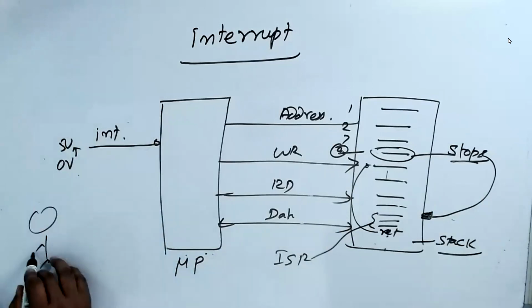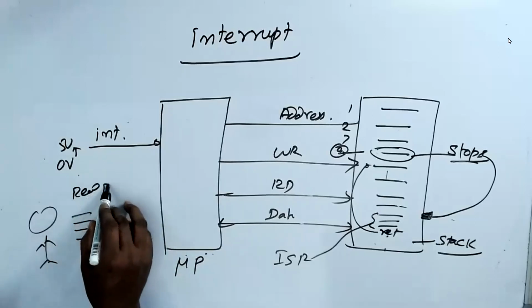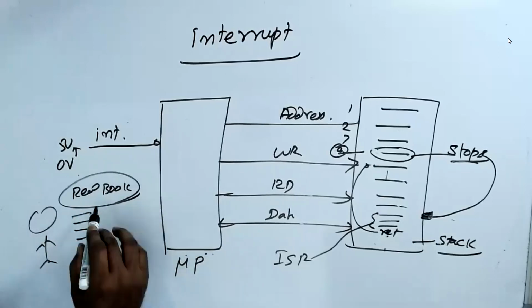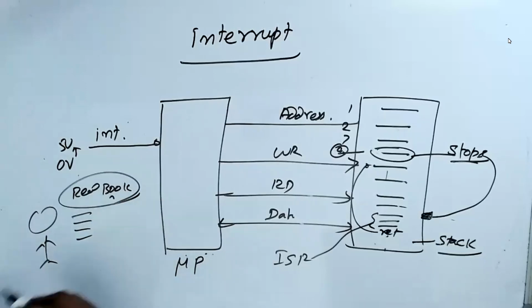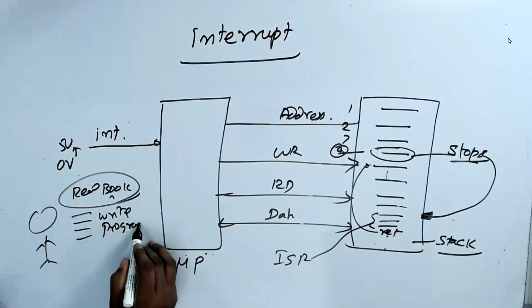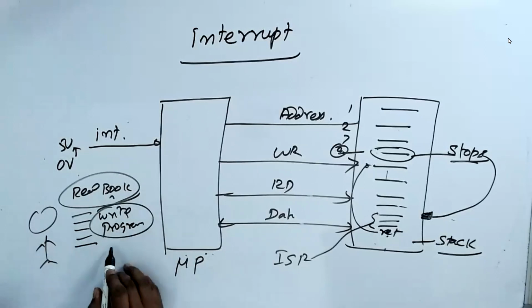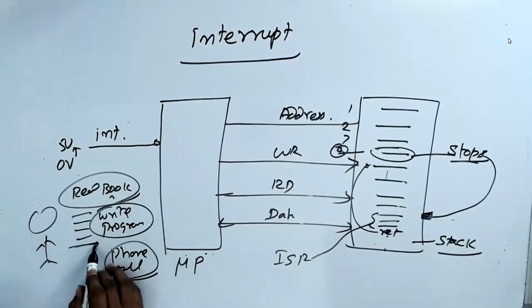So whenever you give a signal here, the microprocessor will temporarily stop. Like let's say you are doing some work. You read a book, or you write a program. You do some activity. Suddenly, if a phone call comes, what do you do? You stop here, attend the phone call, then come back to the place where you left.